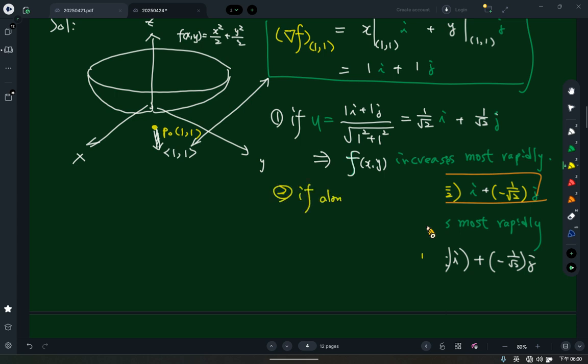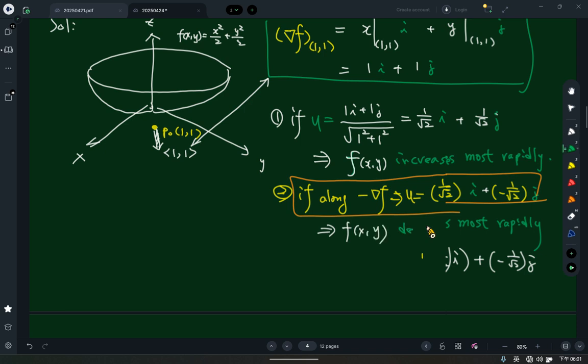Then if along the negative gradient, when u is equal to 1 over square root of 2, this is the second one, then f of x, y decreases.